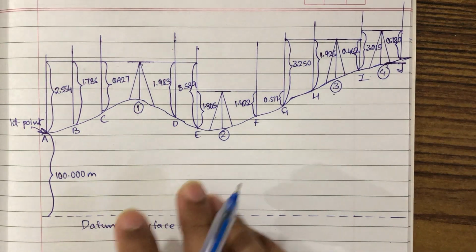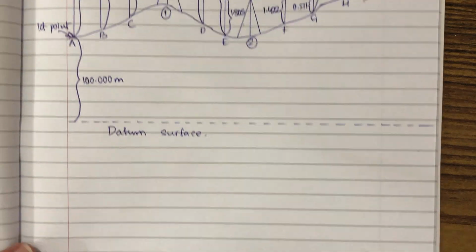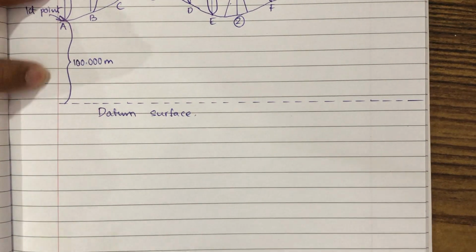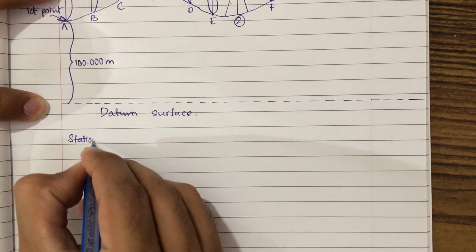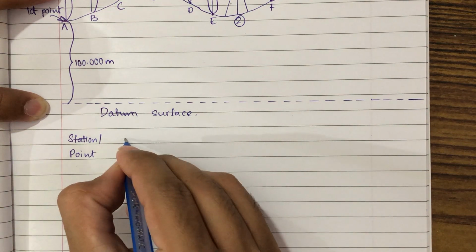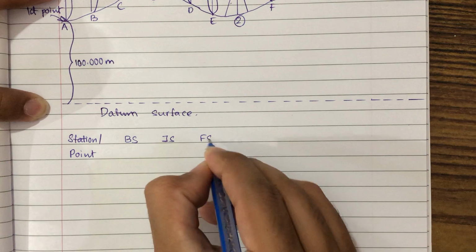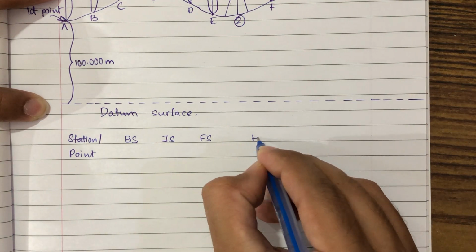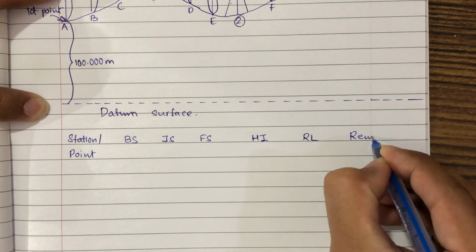Now, based on these values, based on this figure, we need to draw a table. The table comprises station or point, it is one and the same thing. Then there are the backsight readings, intermediate sight readings, foresight readings. Then HI, RL and remark.